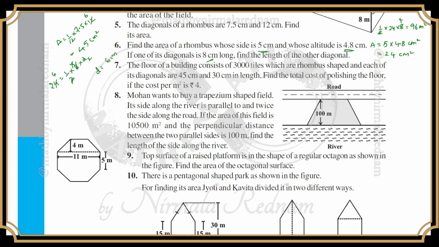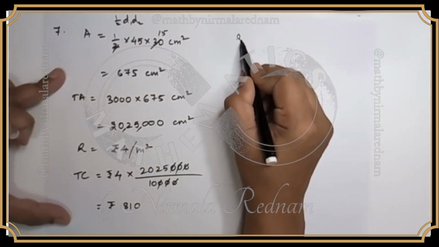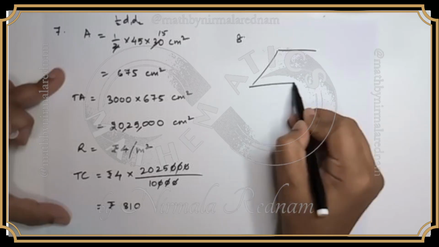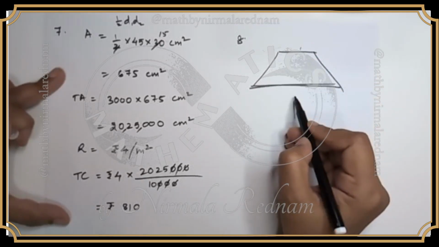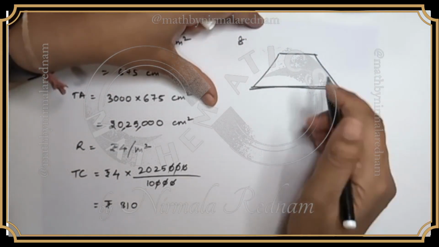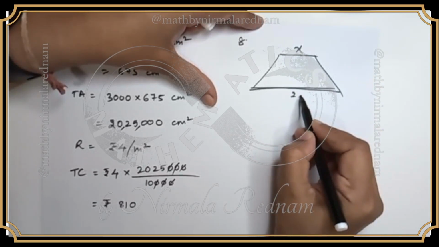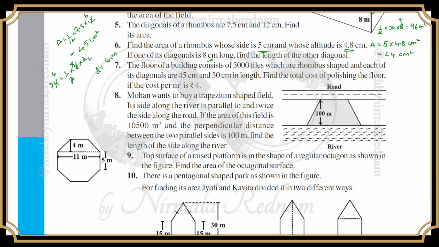Now, if you look at the given information here, I have a trapezium shape, and they're saying that one side I have a road, the other side I have a river, right? So I have here, if this is x, this is going to be 2x, because they're clearly saying that it is twice.